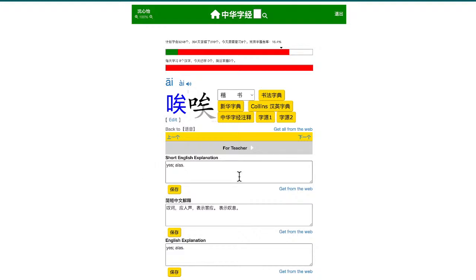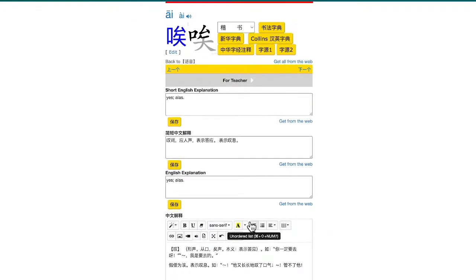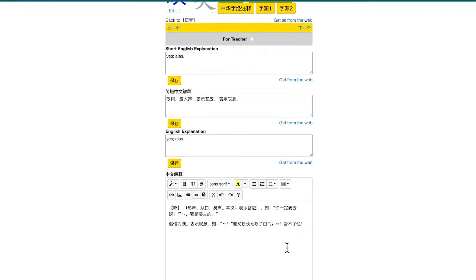And next one, 唉. When you pronounce it as ái, that means yes, alas, okay. So basically it's an interjection to represent affirmation, acknowledgement, okay. Sometimes it's also representing a sigh.